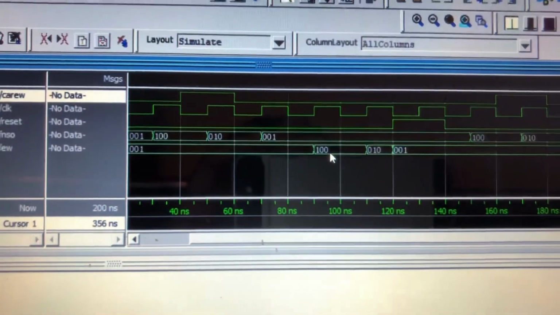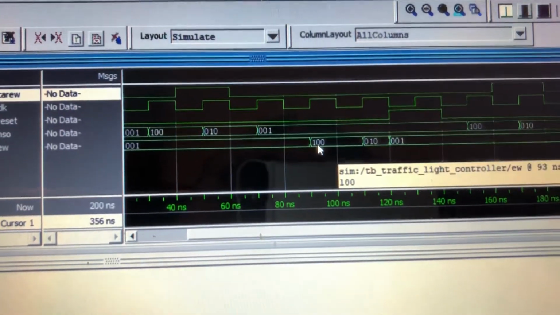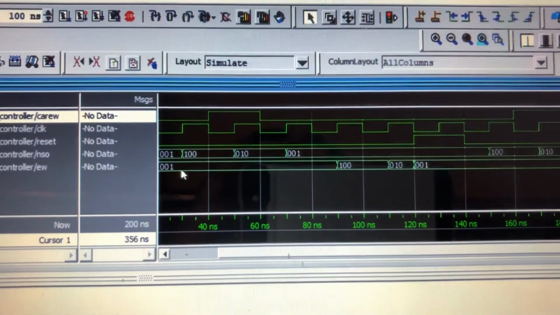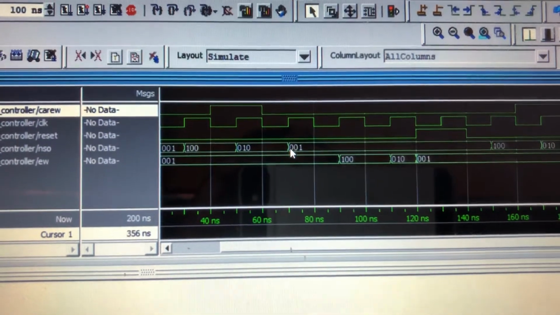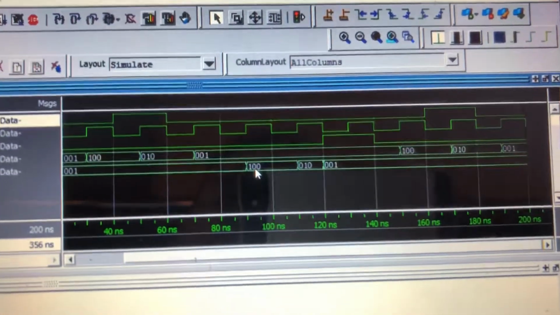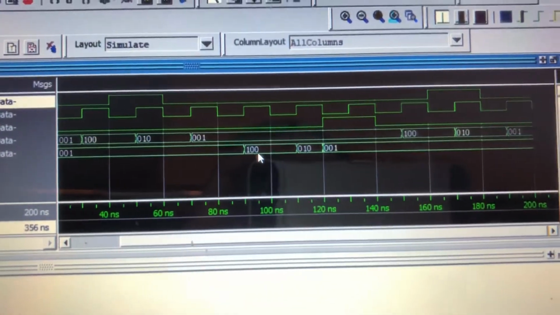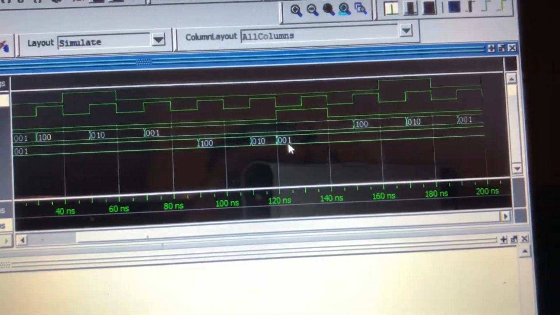And then my east-west direction will transition into a green, which was red the entire time north-south direction was transitioning through its lights. So here you can see I have a green light in the east-west direction, then a yellow light, and then a red light.